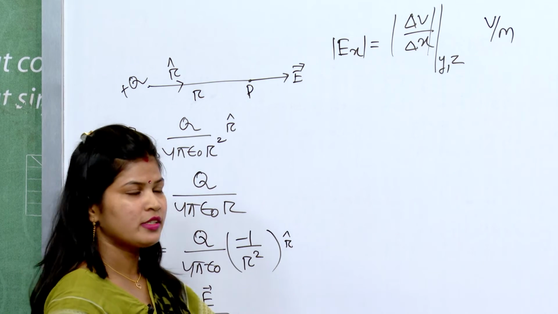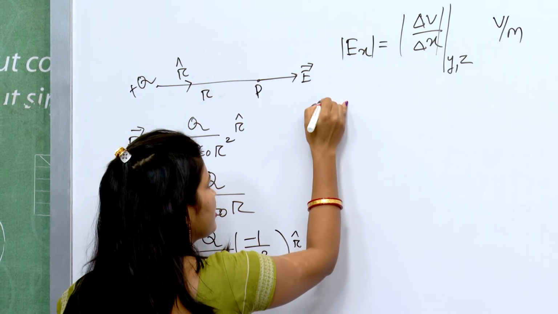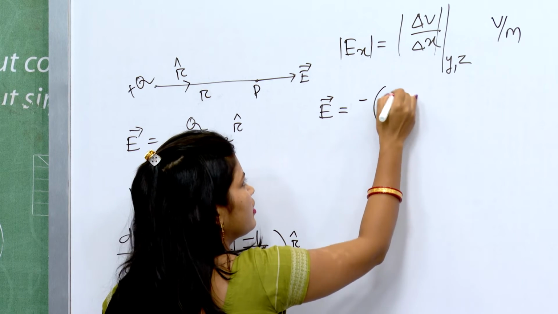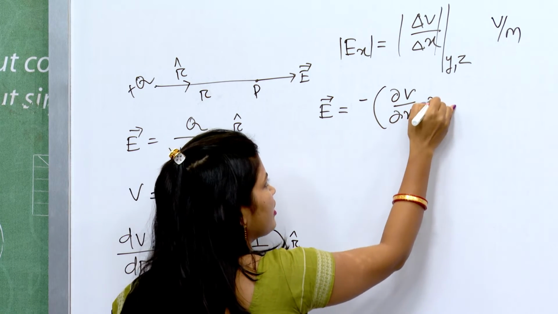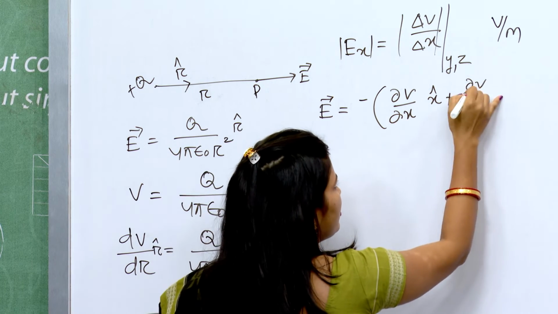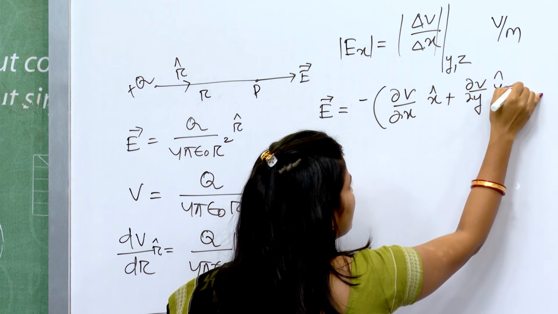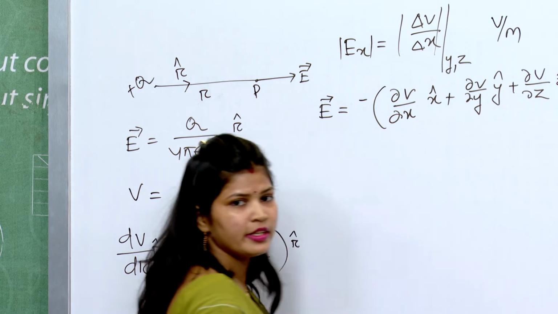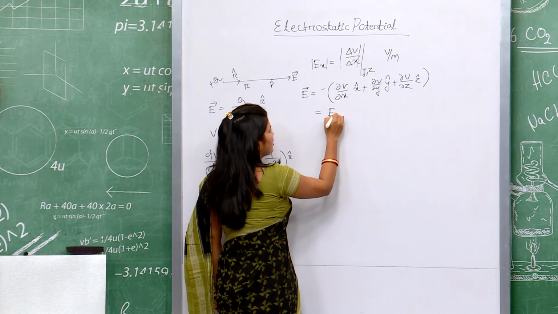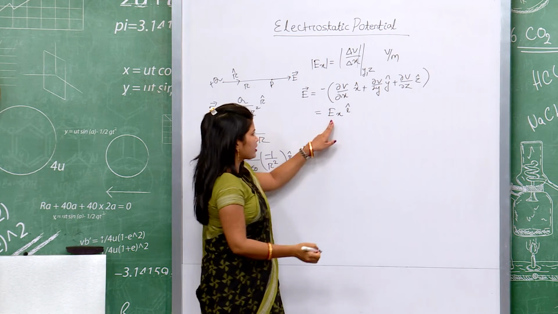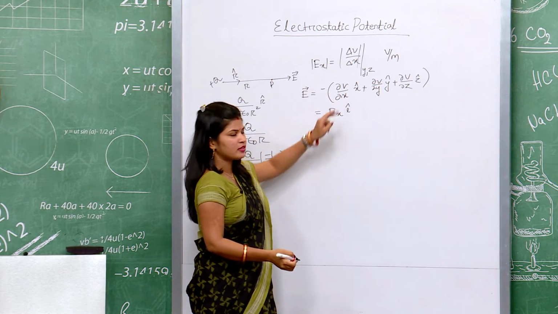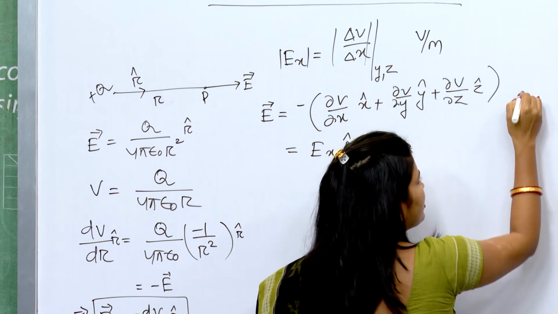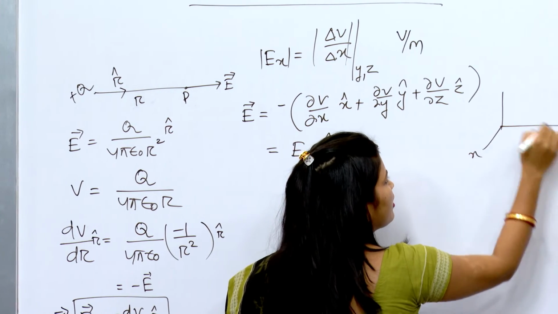In Cartesian coordinates, electric field E vector is equal to minus, taking common, del V by del x x cap plus del V by del y y cap plus del V by del z z cap. So, I can write E x i cap, because E x is minus del V by del x, i cap, because here it is a coordinate system x, y and z.